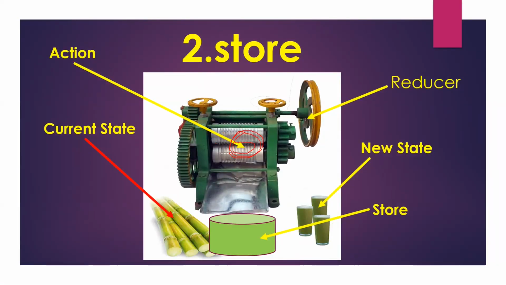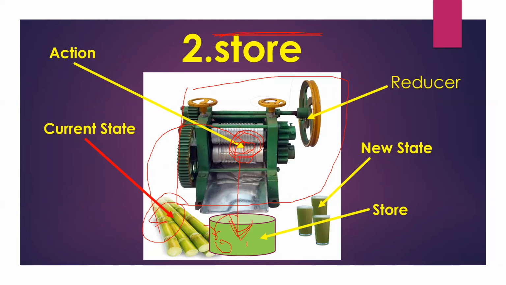Now we are going to discuss the store. The sugarcane is put here, and then this reducer machine, that means this reducer function, extracts the juice, and the juice is stored in this bucket. Whatever sugarcane juice is extracted is kept in this store.